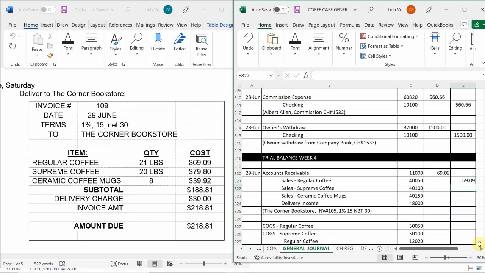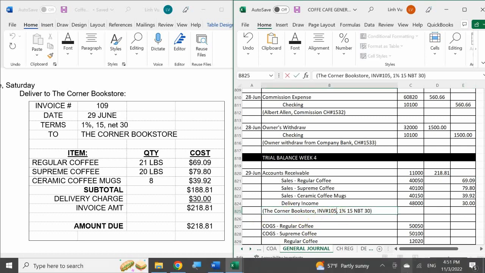Supreme coffee, 20 pounds for $79.80. 8 ceramic coffee mugs for $39.92, and we charged $30 delivery fees for a total of $218.81. Perfect. Once again, the corner bookstore, but this time this is invoice number 109, same terms. So let's plug this into my ledger.